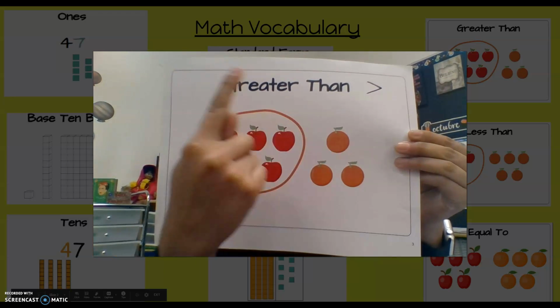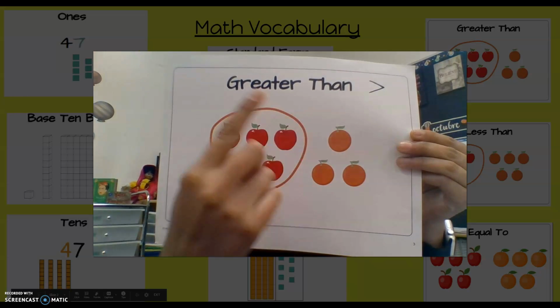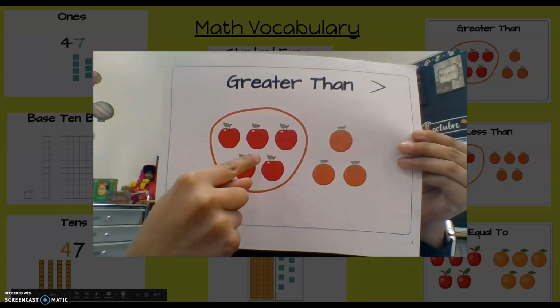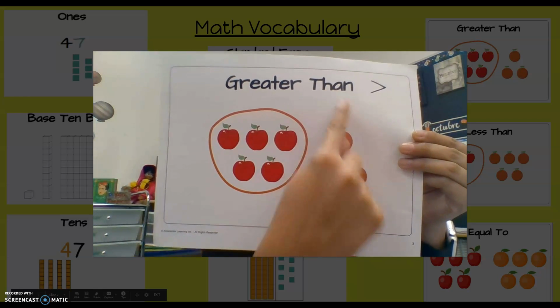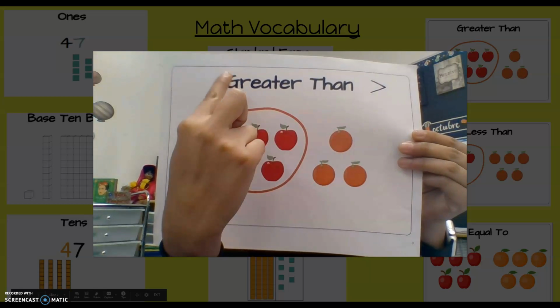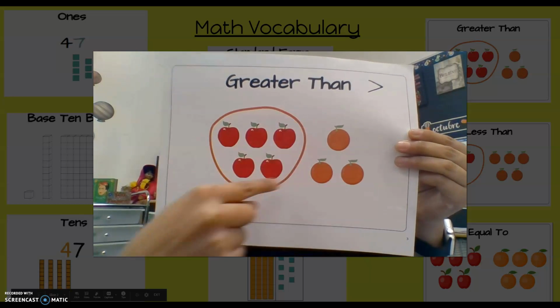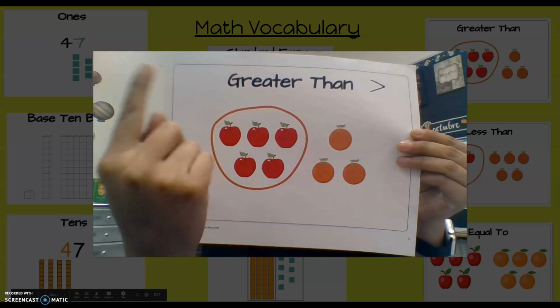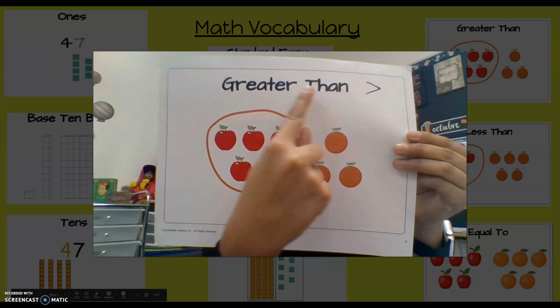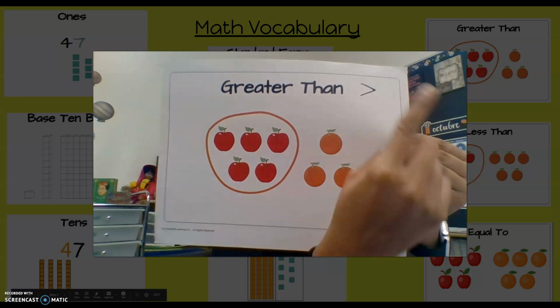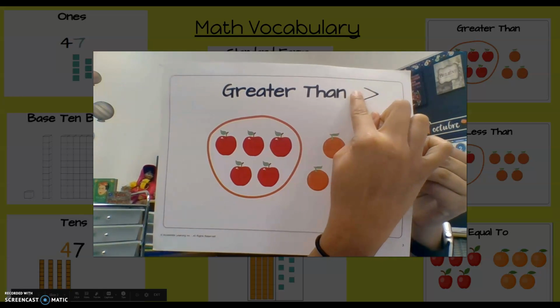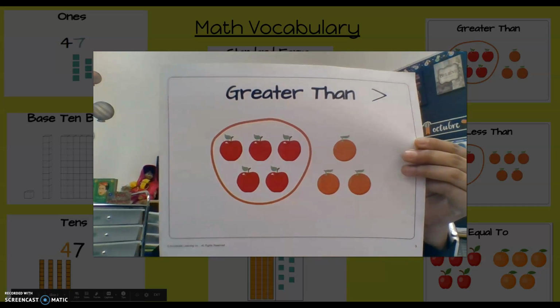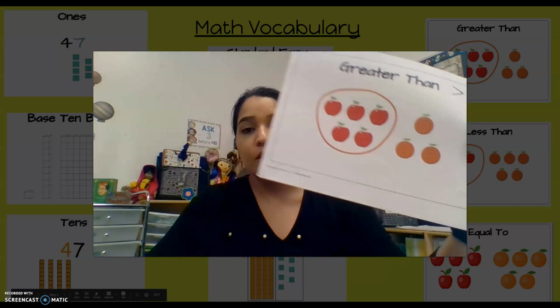Apples, right? So the number of apples is greater than the number of oranges. Greater than means more. And this is the symbol for greater than, right here.